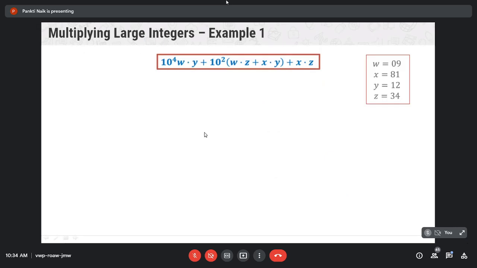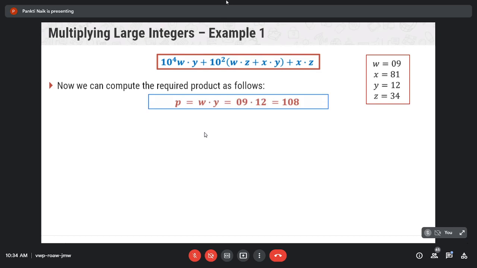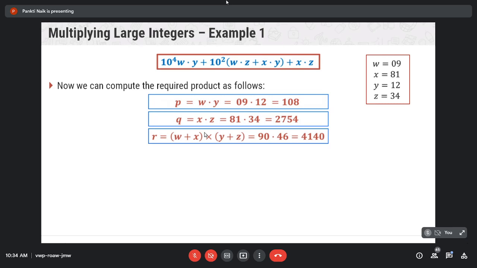So this is your initial equation. Now we can compute the required product as follows: w into y will become p. Put the wy value, the xy value, and the wz plus xy value into this equation and find out the value of r.